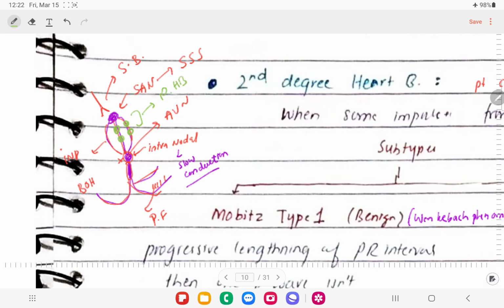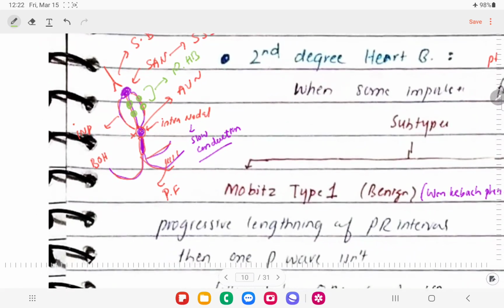When there is a problem in the AV node itself, it is conducting, but conducting slowly, so we call it a Mobitz type 1 heart block, also known as Wenckebach phenomenon.